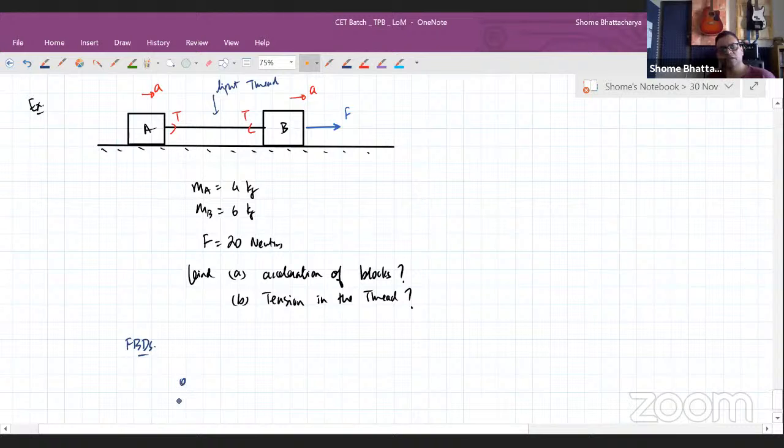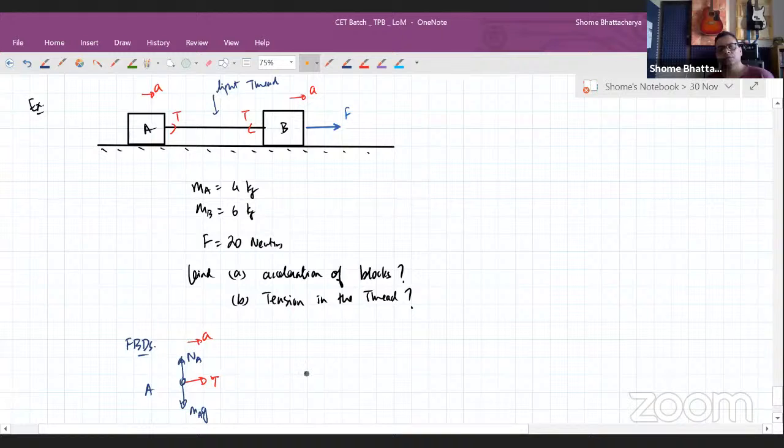So for the block A, the free body diagram will look like this. So weight is balanced by the normal reaction acting on it, but the horizontal tension T acts like this on it and provides it with an acceleration a.